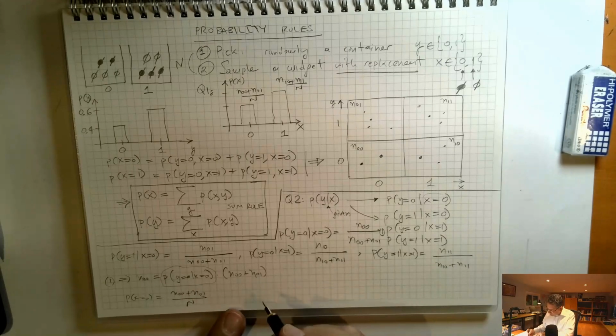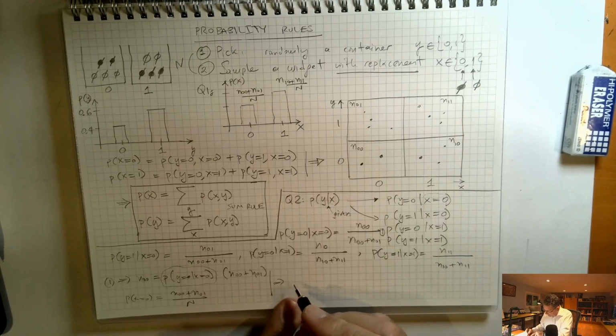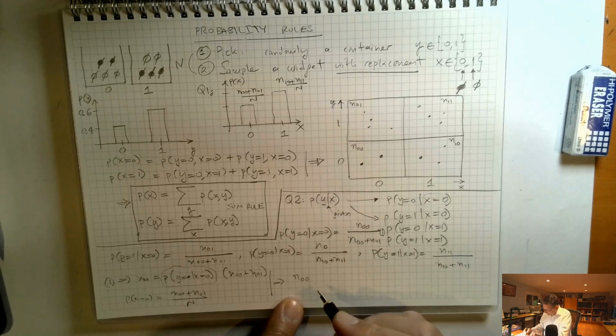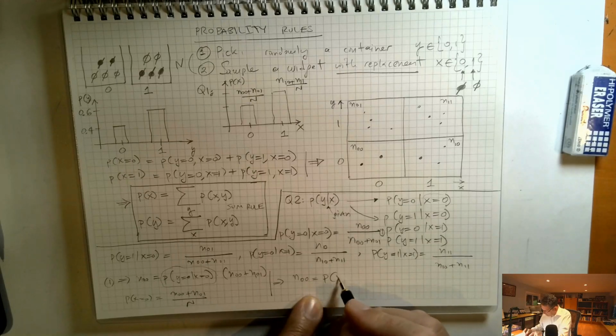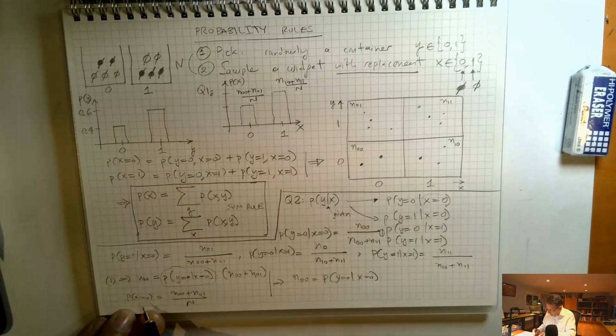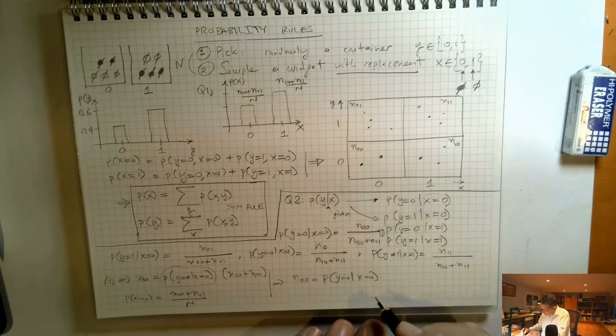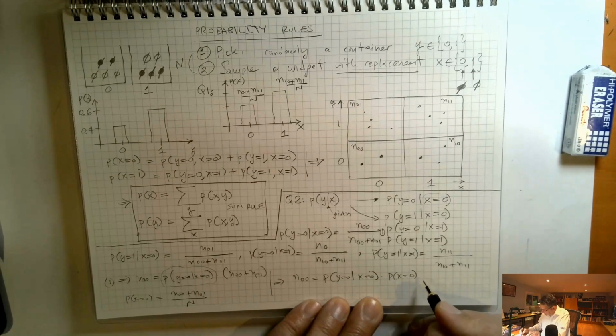And therefore, from these two, I can get that n00 divided by n is equal to P of y = 0 given x = 0, where I will be replacing this n00 + n01 with P of x = 0 times n.